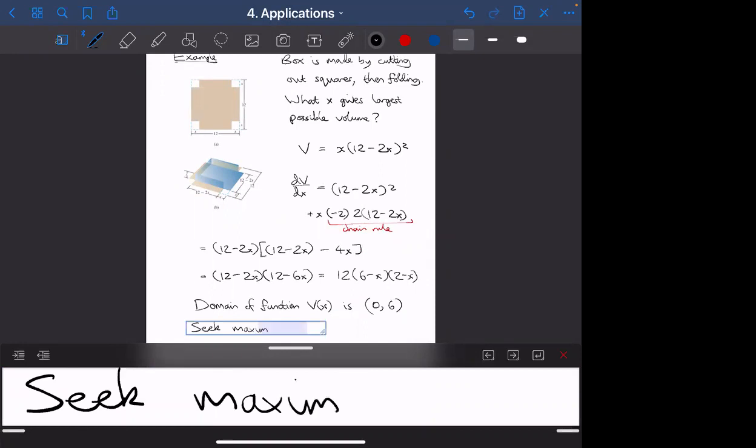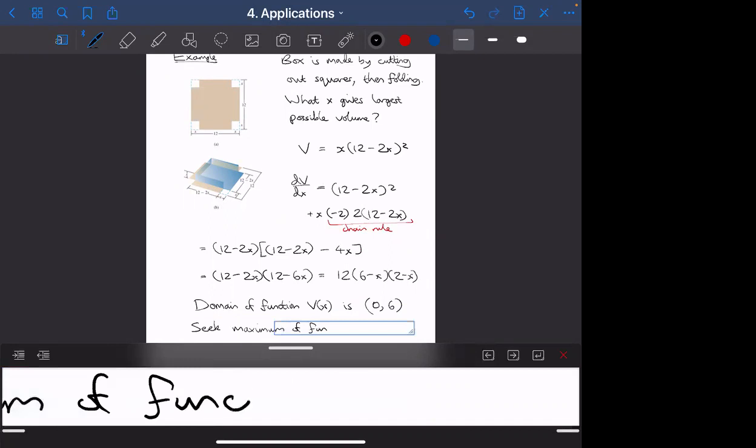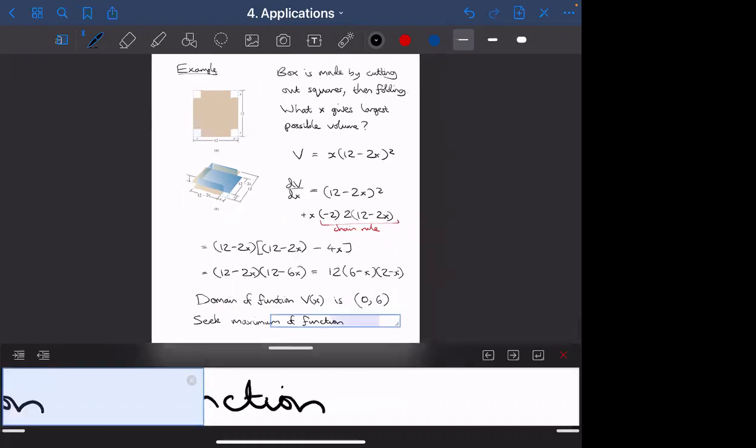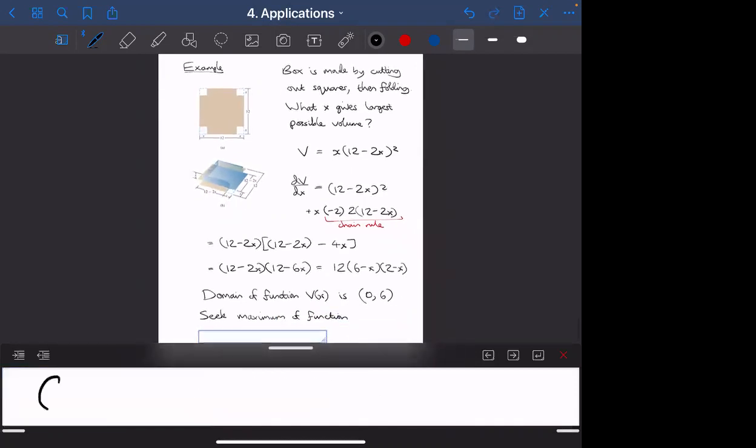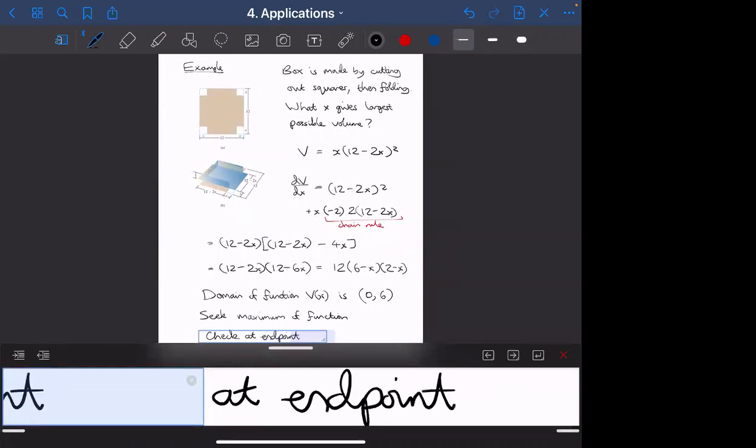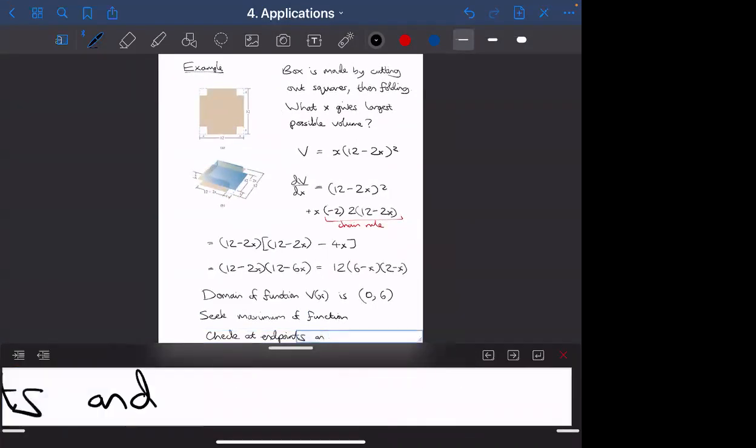So seek the maximum of the function. So remember from before, we check at endpoints and critical points.